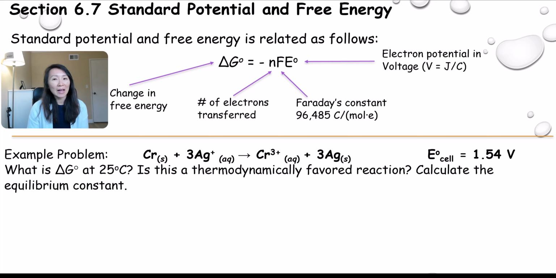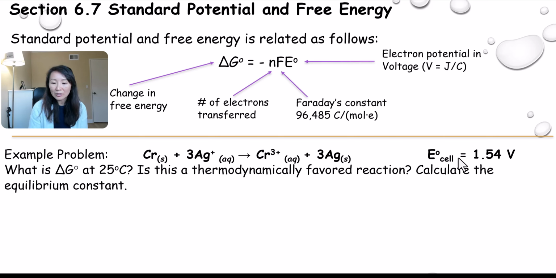So here's an example problem that we can try by utilizing this equation. Here is solid chromium plus 3 silver aqueous going into chromium 3 plus aqueous and 3 silver solid.